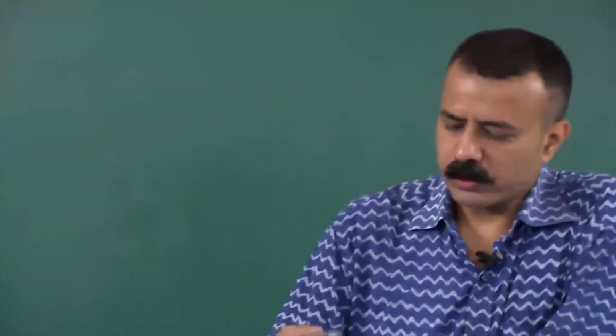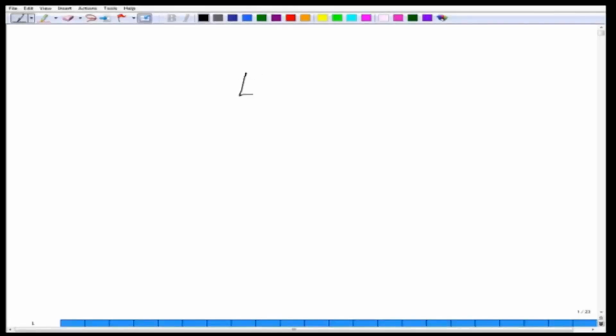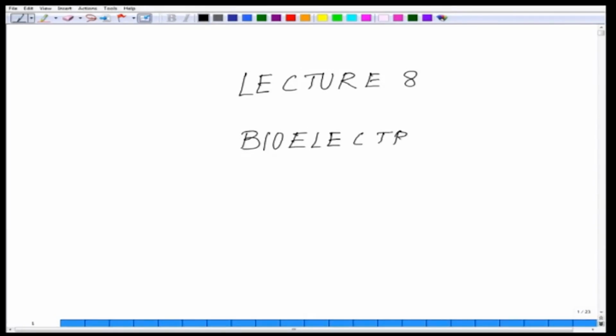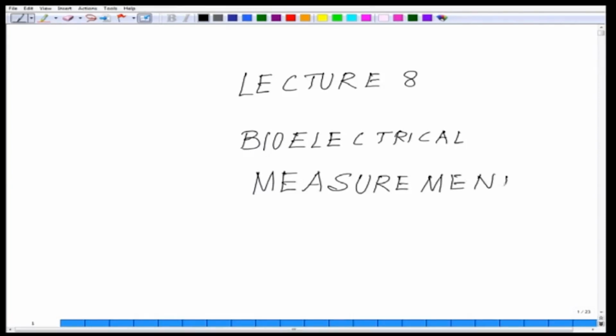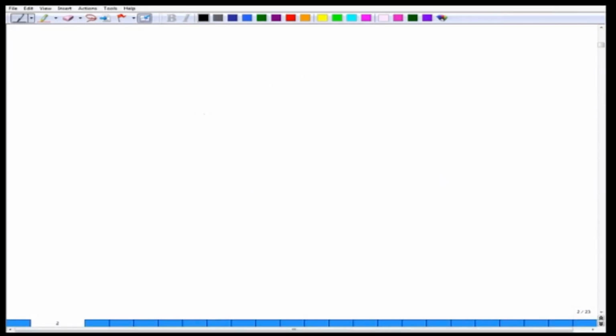So, for example, this is our lecture 8, bioelectrical measurements. Now, the way a cell is being treated is something like this.